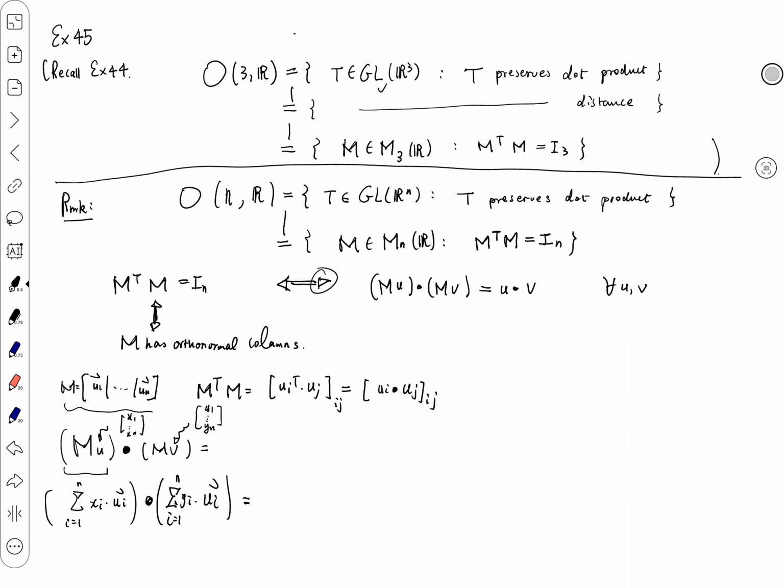And if you satisfy this condition, for example if M has orthonormal columns, then you could say this is exactly the sum of xi yi, which gives you exactly u dot product v.